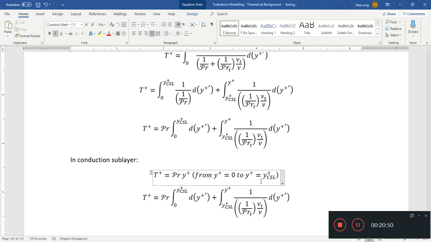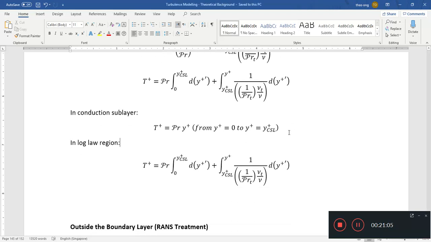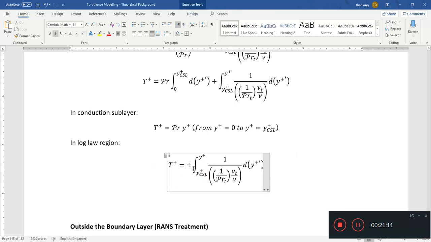Where is this y CSL? You have to determine it by experimental data. So in the log law region, where y is from y CSL onwards, this term disappears, and then we have something like this.